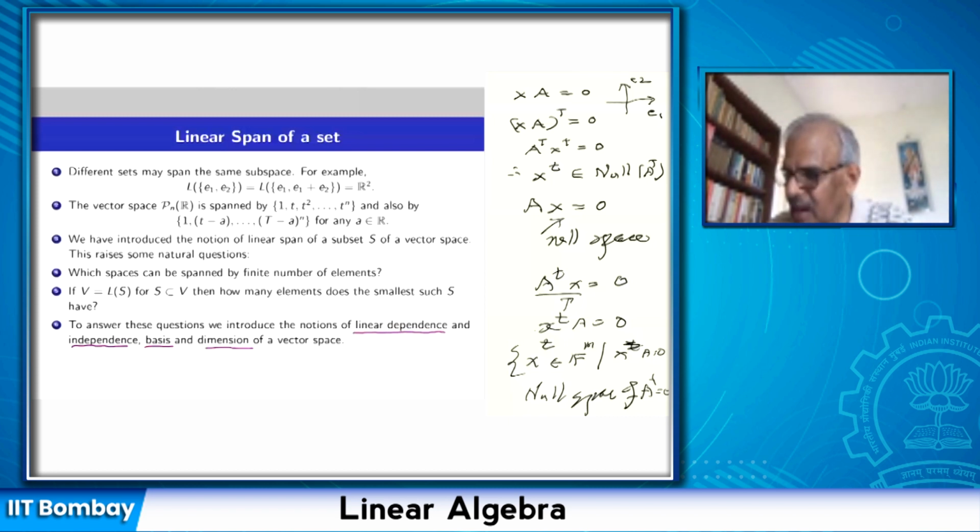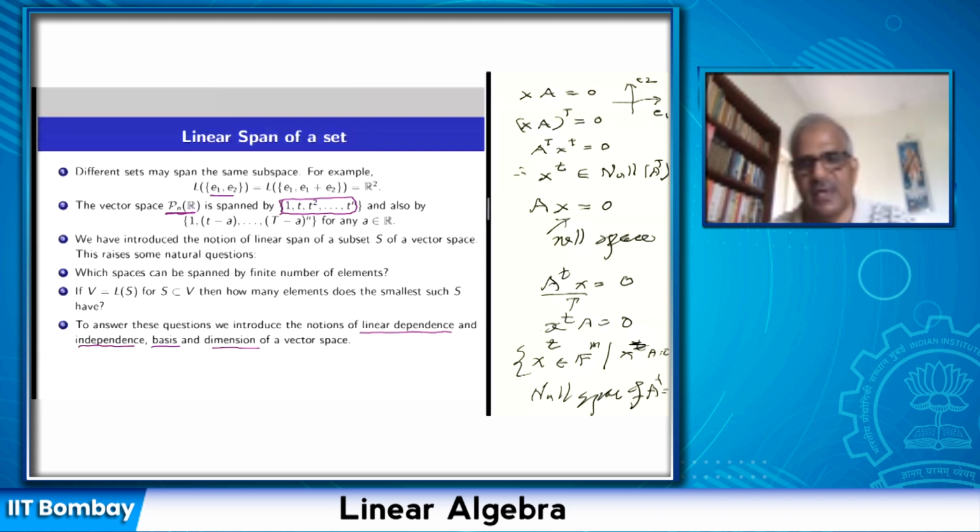It will turn out that R2 is two-dimensional. It is the linear span of two vectors, and it can't be obtained as the linear span of one. Then P_n(R) is the linear span of these n plus 1 polynomials. It cannot be the linear span of fewer than n plus 1 polynomials. We will see that. So P_n(R) will have dimension n plus 1, and R2 will have dimension 2.